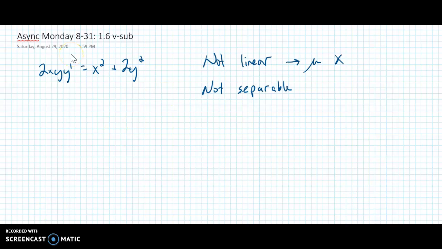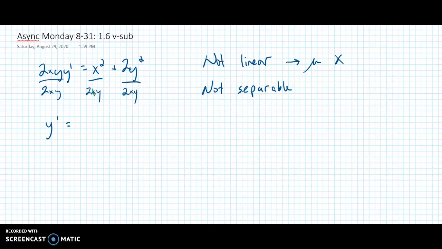So I am going to take a couple steps and then you'll see what this substitution is. The first thing I'm going to do is get y prime all by itself. It's kind of like normalizing in the other section that we did. So I'm going to divide by 2xy on every term. From here, we get y prime by itself on the left side. What cancels?